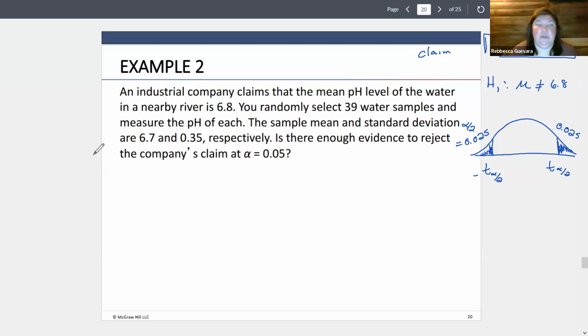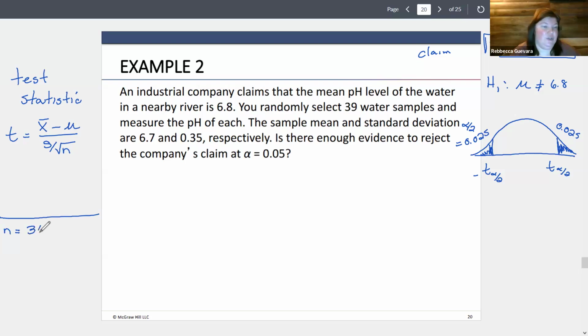Okay, so before I do anything, I do need my test statistic. So T is just going to be X bar minus mu divided by S divided by the square root of N. What we were told is this: we took 39 water samples, so N is 39.